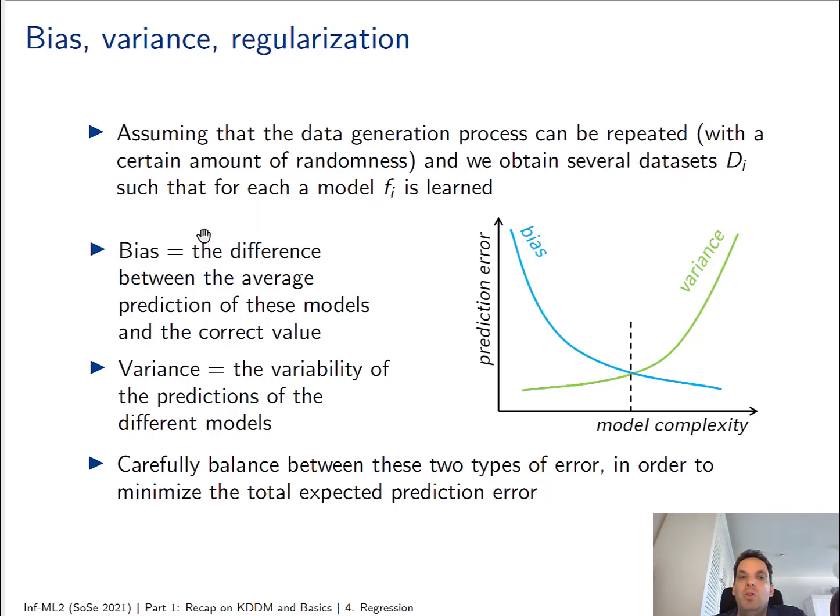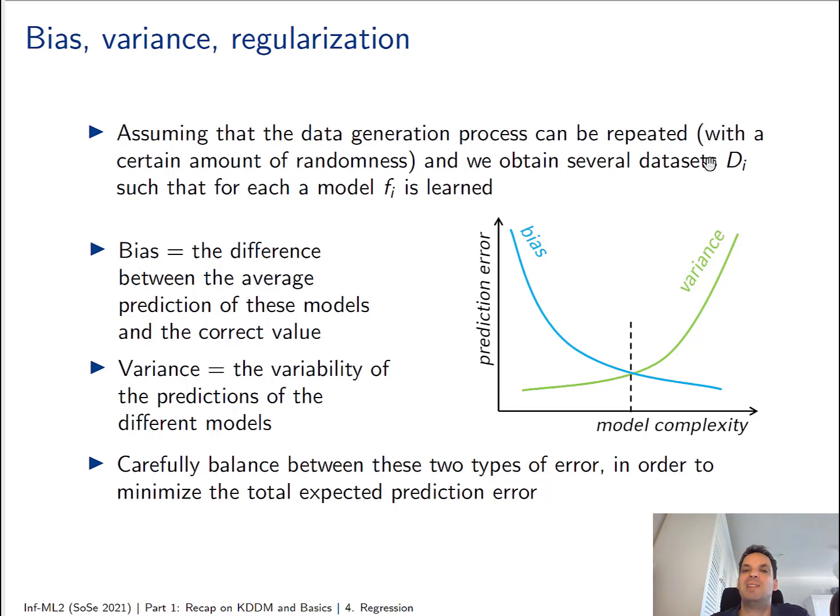And then we talk about bias, which is the difference between the average prediction of these models that we fit to the different data sets and the correct value. And the second one is the variance, which is the variability of the predictions of the different models. Because the f_i would be a little bit different for the D_i, because they have the same generating process, but there's a little bit of randomness added.